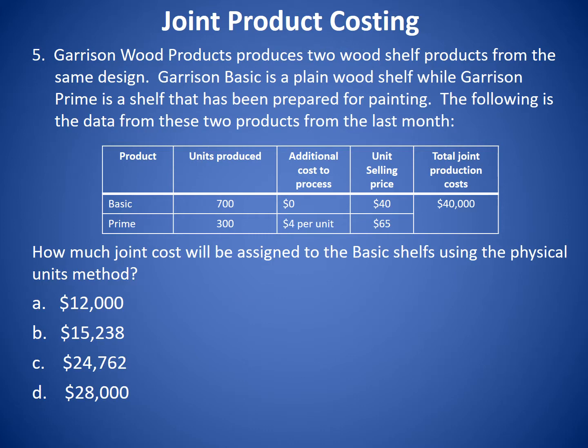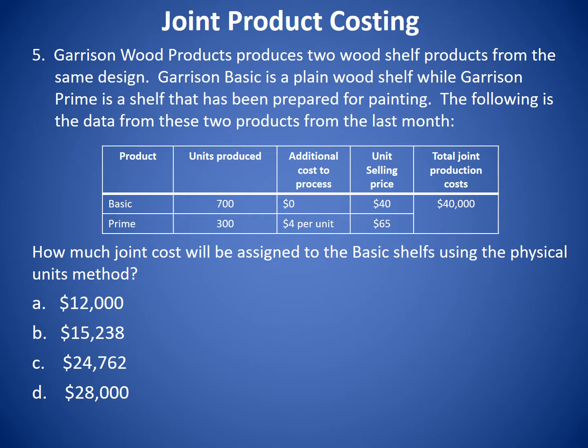Okay, now let's go to a multiple choice question regarding joint product costing. Garrison Wood Products produces 2 wood shelf products from the same design. Garrison Basic is a plain wood shelf, while Garrison Prime is a shelf that has been prepared for painting. The following is the data from these 2 products from last month.